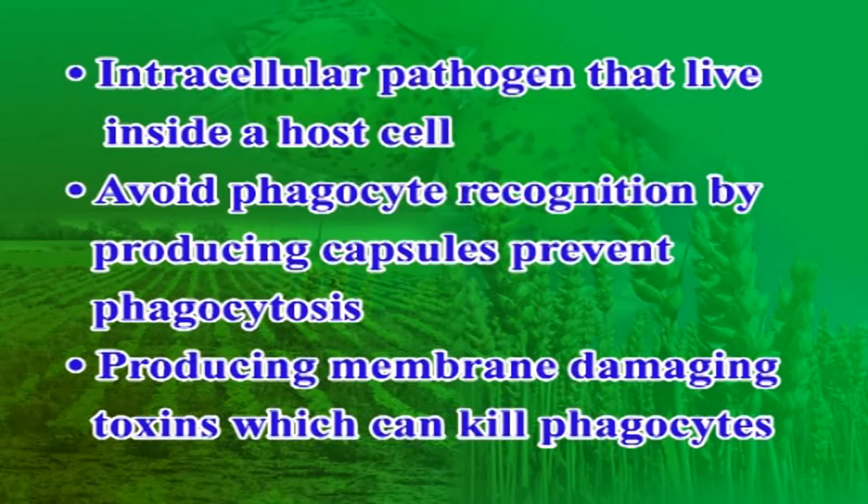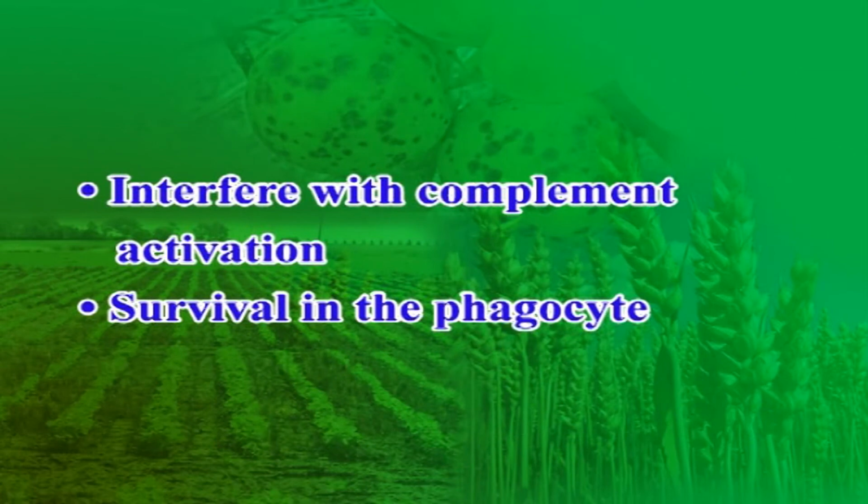Intracellular pathogens live inside a host cell. Pathogens avoid phagocyte recognition by producing a capsule, prevent phagocytosis, produce membrane-damaging toxins which can kill phagocytes, interfere with complement activation, and survive in the phagocyte.